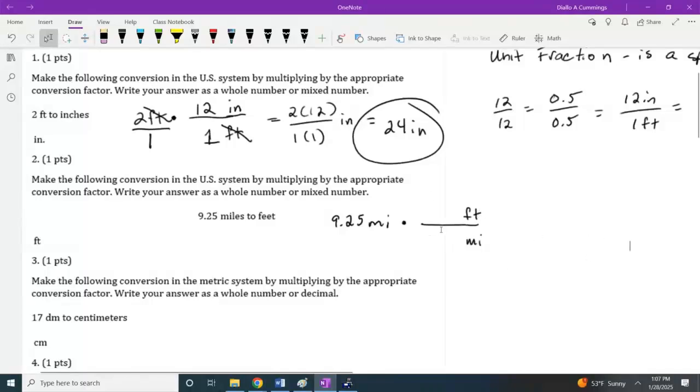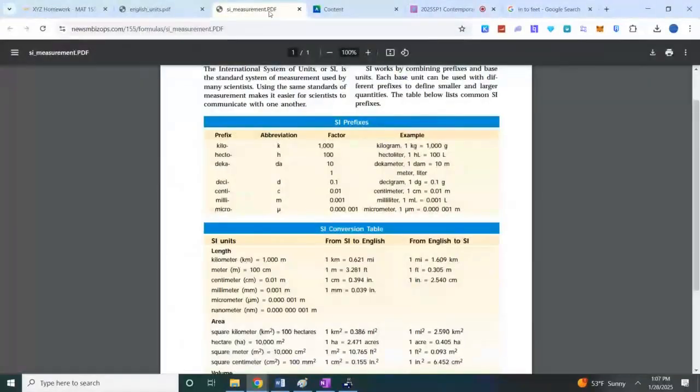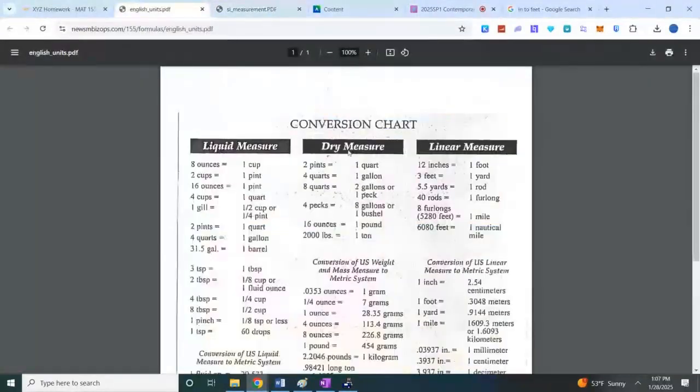So now I'm going to write out my unit fraction. I'm going to look back at my formula sheet, and I want to find the conversion from feet to miles. So it says that 1 mile is 5,280 feet.